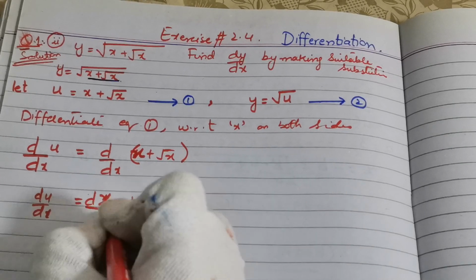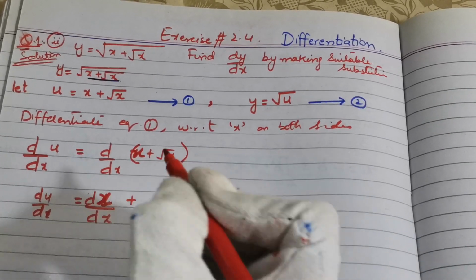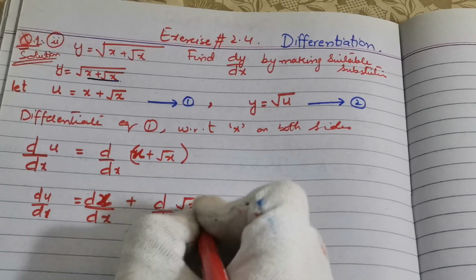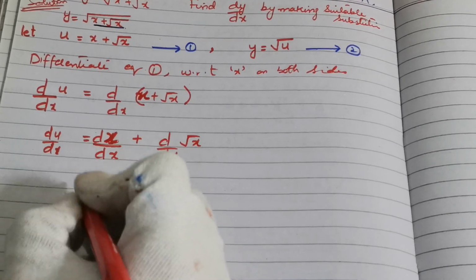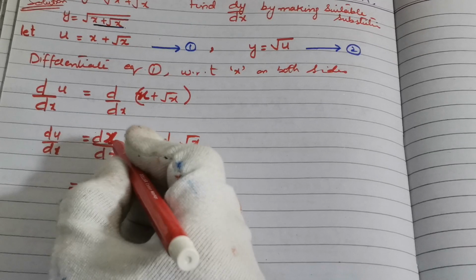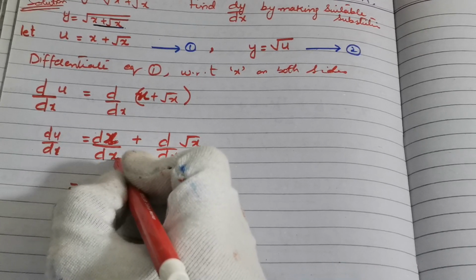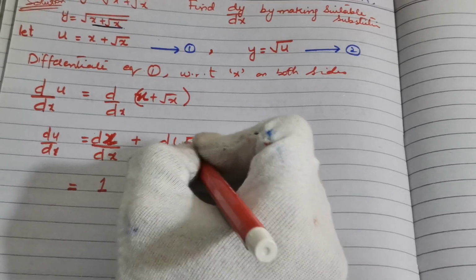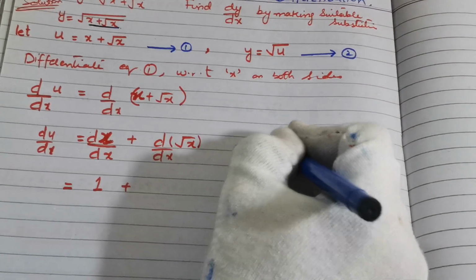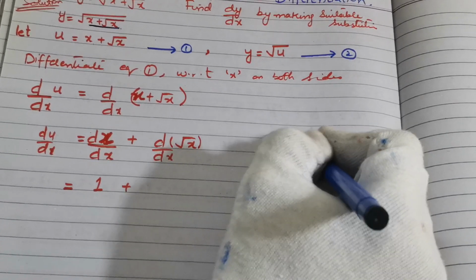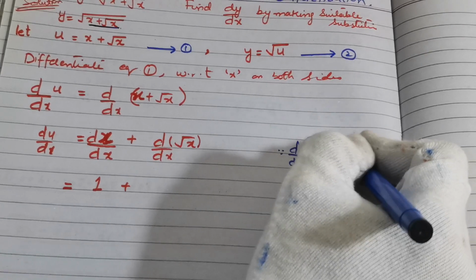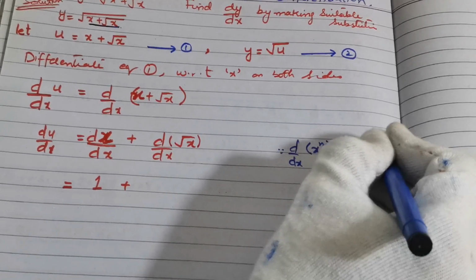So here again we will do one more step. d by dx of x, d by dx of under root x. Now we simplify. dx by dx will become 1, or derivative of x with respect to x is always 1, plus derivative of any power term. d by dx of x raised to power n is equal to n x raised to n minus 1.